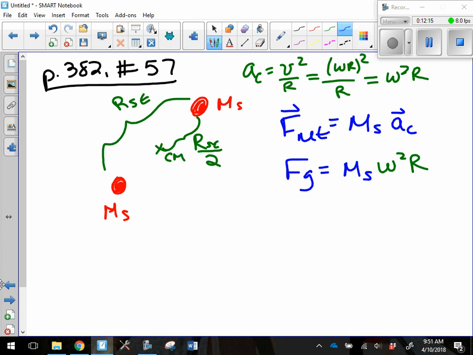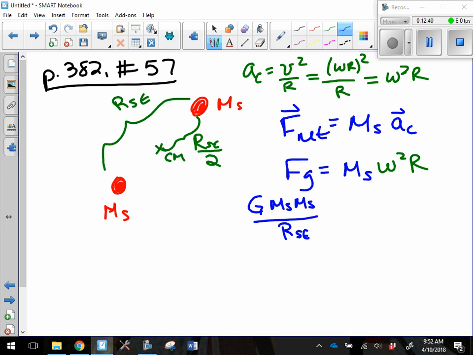Okay. So what am I going to use for FG? The separation, right? RSE.